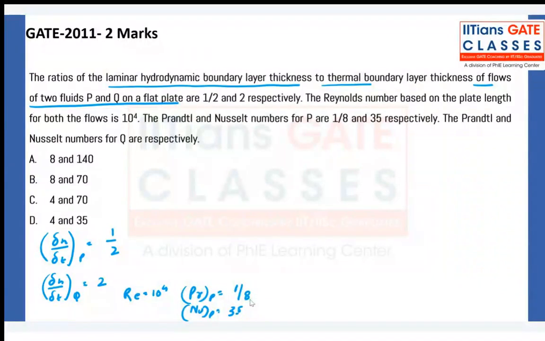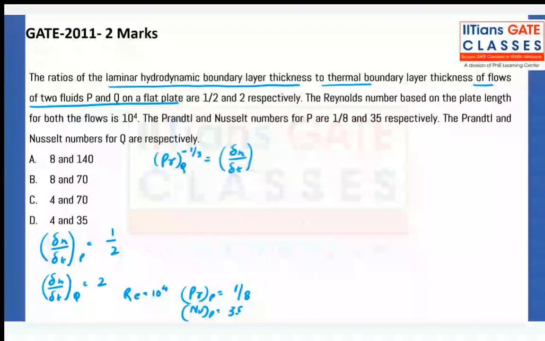So by Prandtl number, it's very simple. Let's say Prandtl number for Q to the power minus 1 by 3 is equal to hydrodynamic by thermal of Q. Why? Because we have 1 upon 1.026. This we approximately take as 1, just for rough calculations.